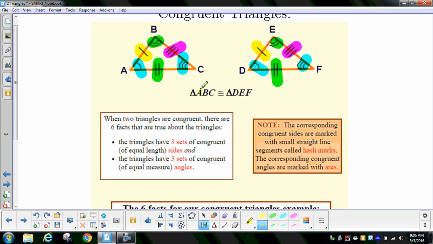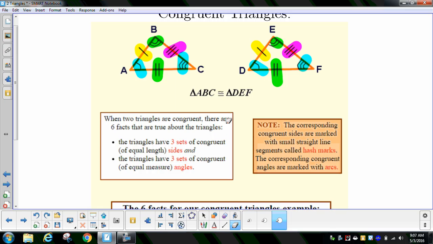So angle A and angle D are congruent. Angle B and angle E are congruent. Angle C and angle F. That also means that segment AB and segment DE are congruent, and so on and so forth.